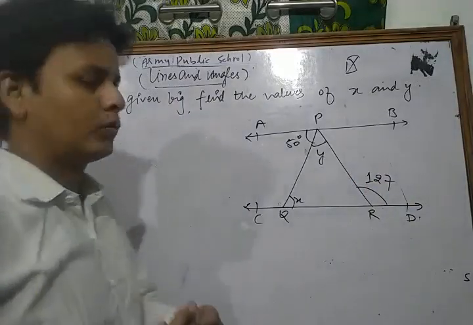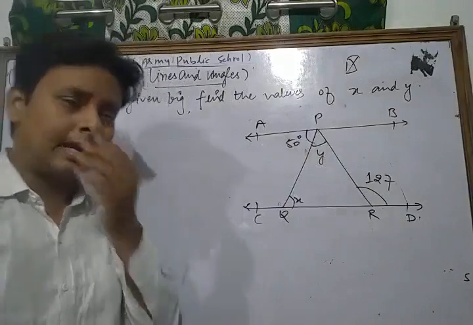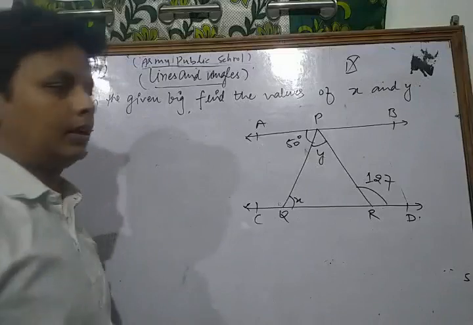Listen here, two parallel lines AB and CD are there, and we find the value of x and y. Okay, now let's see.